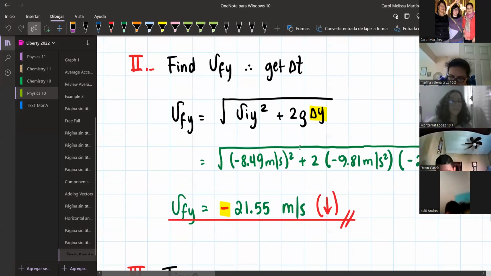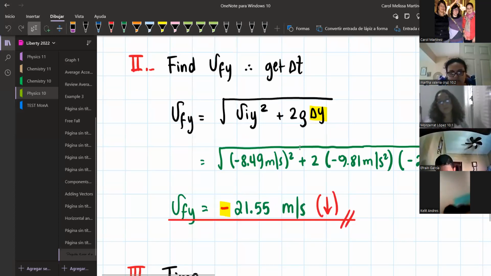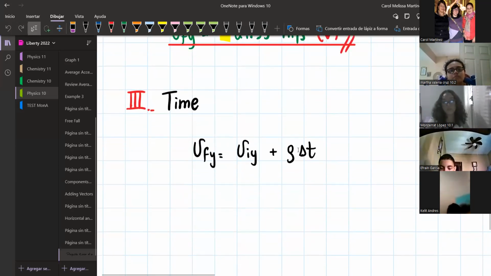So we say final velocity in y is equal to initial velocity in y plus gravity times time. So this is the main formula that I gave you for final velocity in y. Now all we need to do is make substitutions, or we can directly isolate for delta t. This is our main objective in this moment.